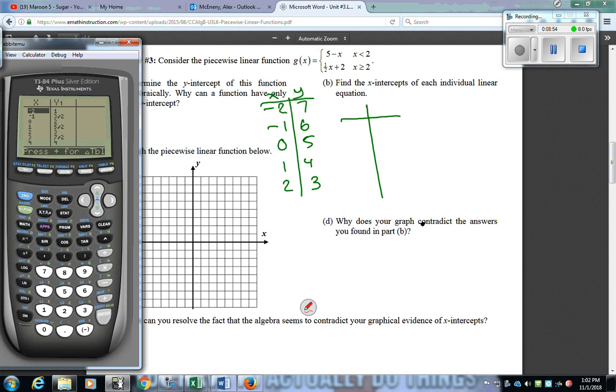Now for the second one, we'll do that one red. So we got 2, 3, 3, and then we have 7 over 2, 4, 4, and I'll do the next couple points. So we got 5, 9 over 2, and then 6, 5.